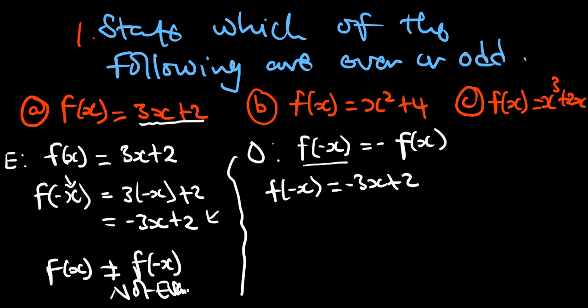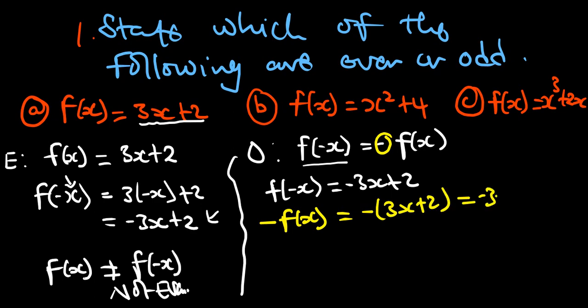And then what about this minus of f of x? So minus of f of x means we are multiplying the function f of x by a minus. So it will be minus and then f of x. So this simply means we have a minus and then we are multiplying 3x plus 2. So from here we are going to get minus 3x plus minus 2. Okay, we're going to get minus 3x minus 2.